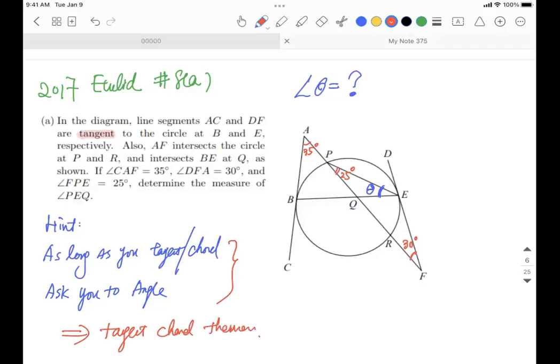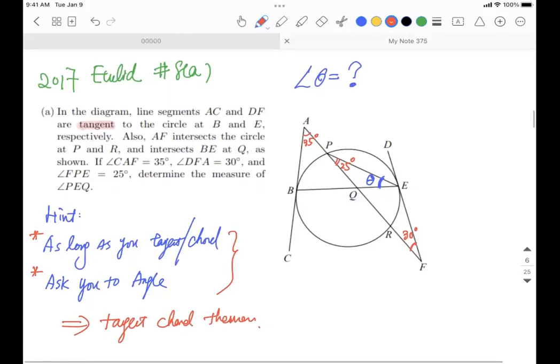Two things. First, you see a tangent. Second, the question asks you to calculate angles. Most likely, you're going to use the tangent chord theorem.